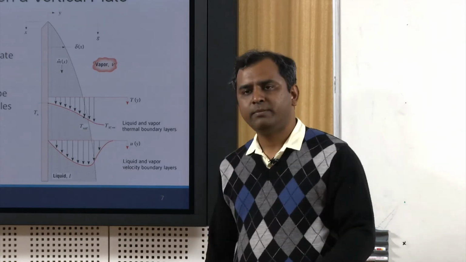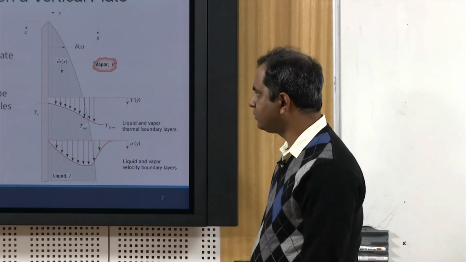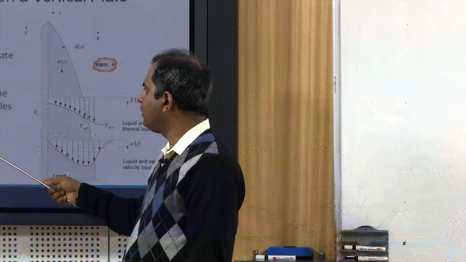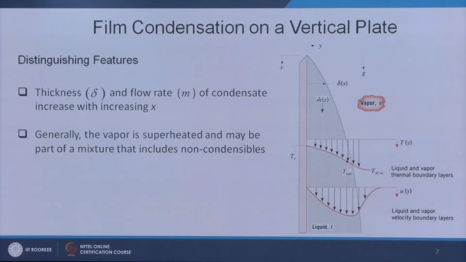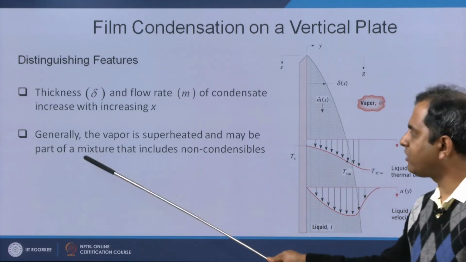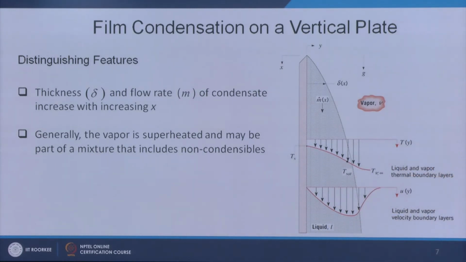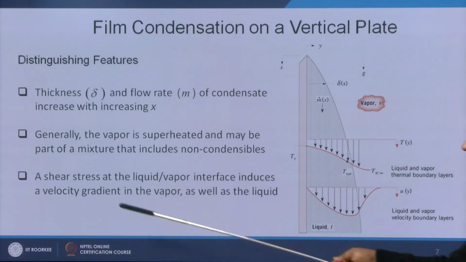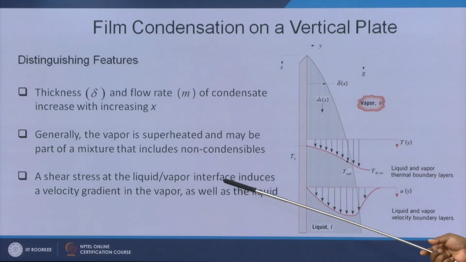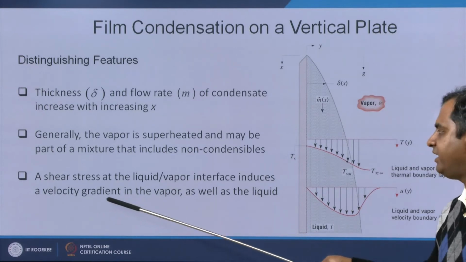So, that will be acting as non-condensable gas. Okay. So, generally the vapor will be superheated having higher temperature compared to saturation temperature, and may be part of a mixture that includes non-condensables.